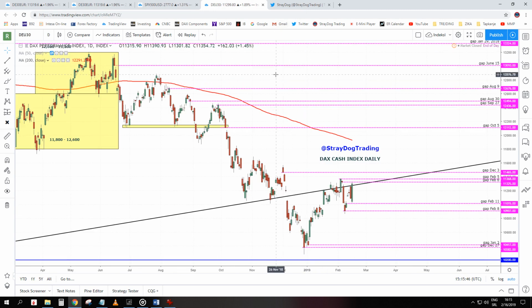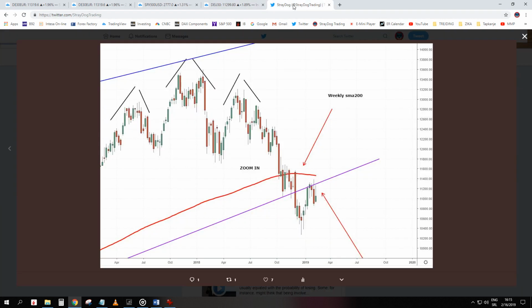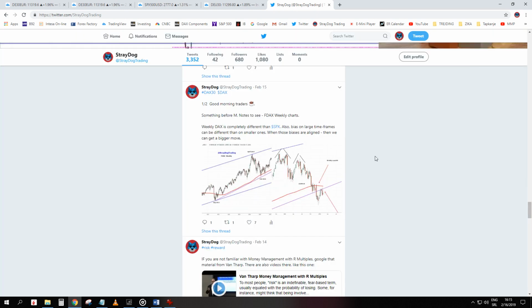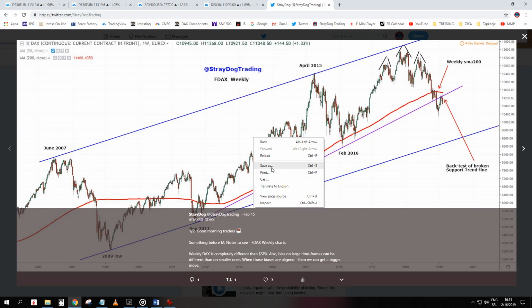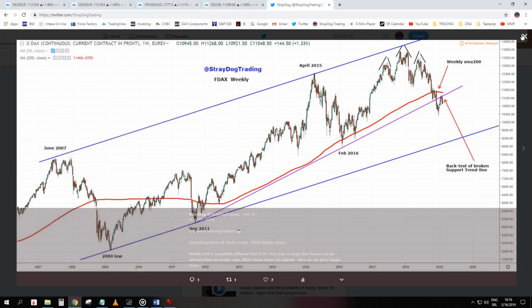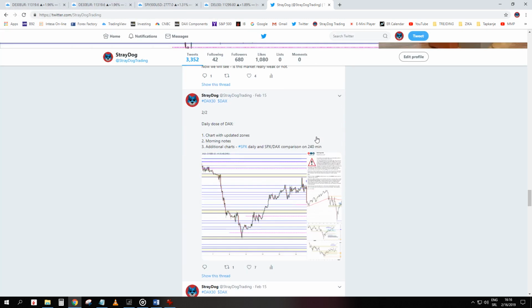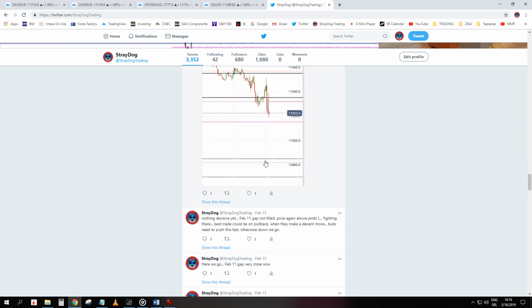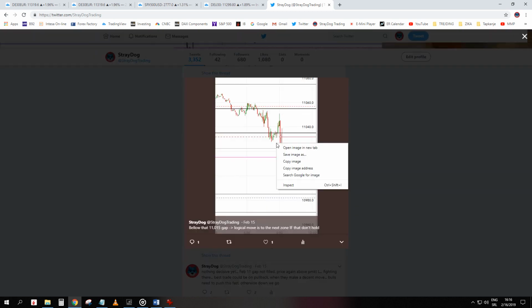And what I have noticed also on Twitter, if I'm going to publish charts like this, with two attachments like this, then you can't save as, and you cannot save that as a picture. You can save it as a picture only if there is just one like this, and you can say copy image or save image as.